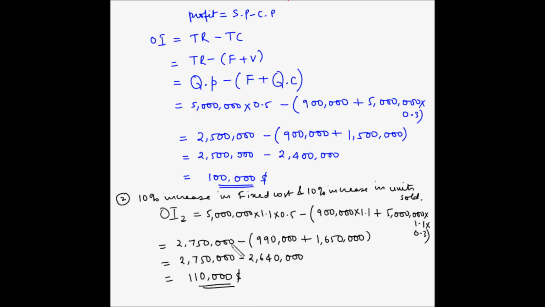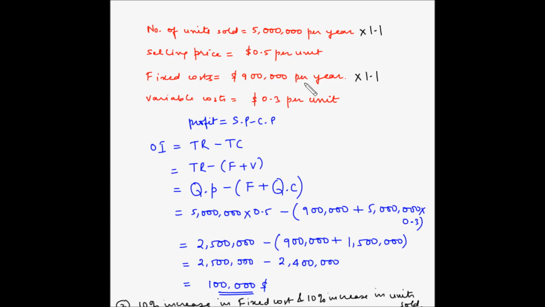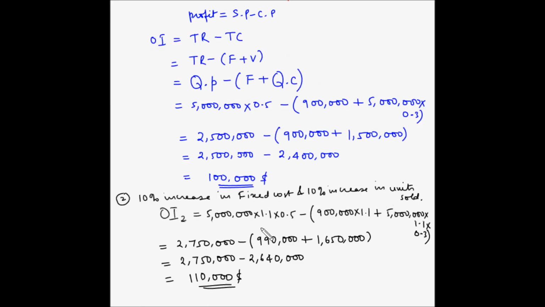Now again, all these numbers are in per year terms because the data given to us is also in per year terms. So this is per year. This is also per year.